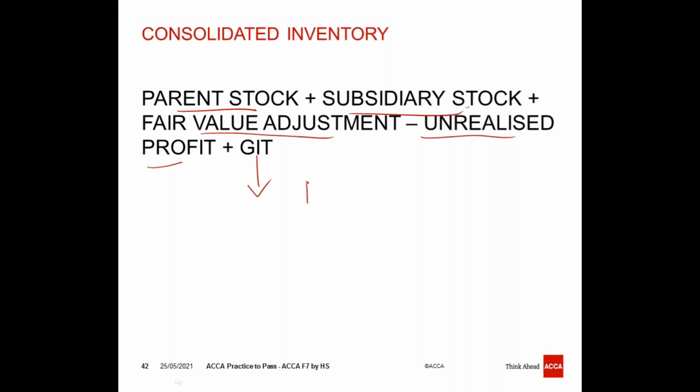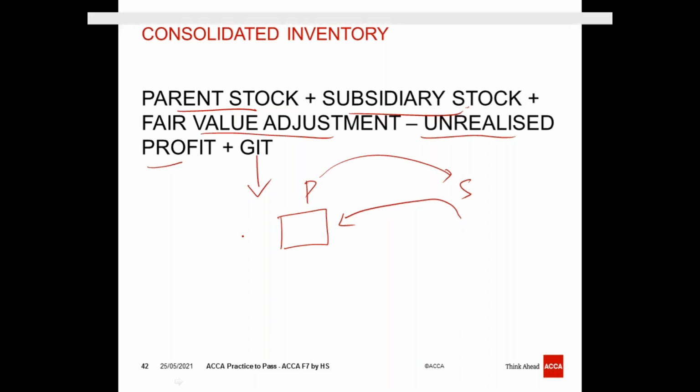Goods in transit means the goods that has been transferred by the subsidiary to the parent or the parent to the subsidiary, but it has not yet been received by the company who has purchased it. Like if the subsidiary company is selling goods to the parent, but the parent company has not yet received the goods. So the goods are in transit.